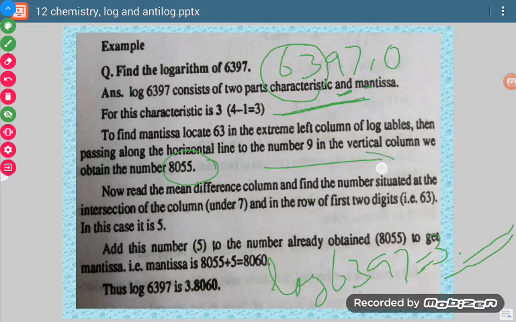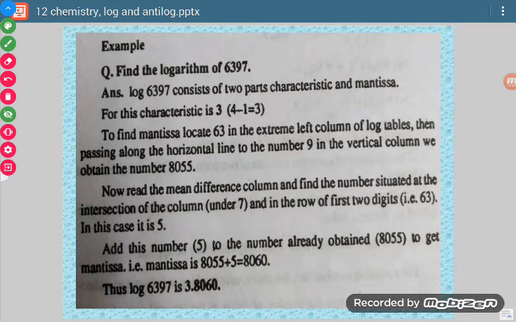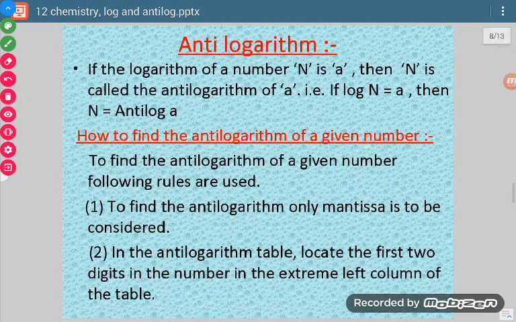Now in the same horizontal row, in the mean differences column under 7, what is written? It is written 5. Now we will add these two numbers. We are getting 8060. That value will be written after the decimal. So log of 6397 is equal to 3.8060. Okay, so this way we have to move ahead.